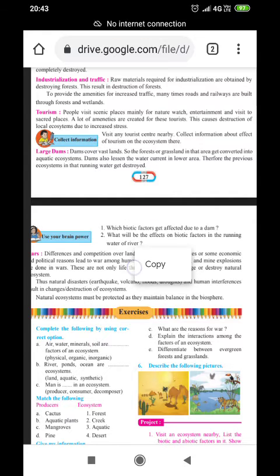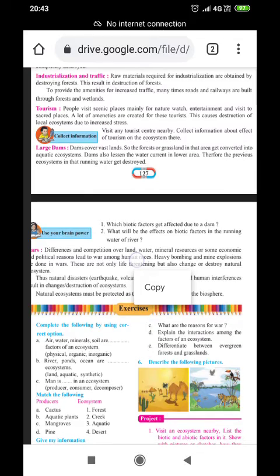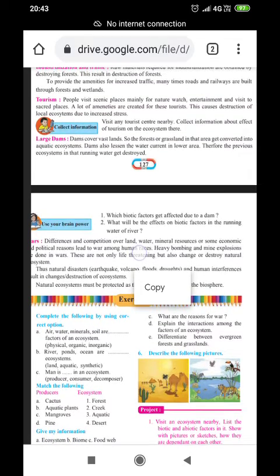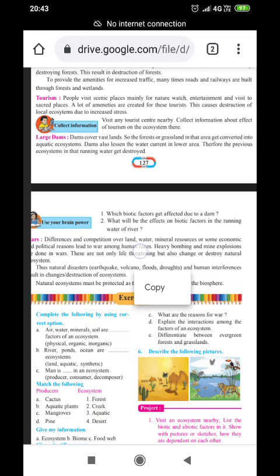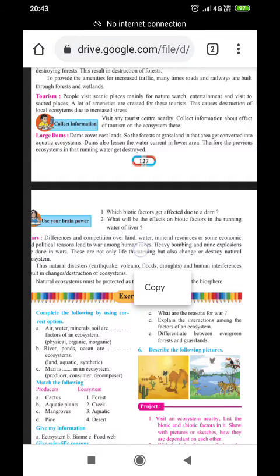A dam covers vast lands. So the trees, forests or grasslands in that area get converted into an aquatic ecosystem. A dam also lessens the water current in the lower area. Therefore the previous ecosystems in that running water get destroyed.